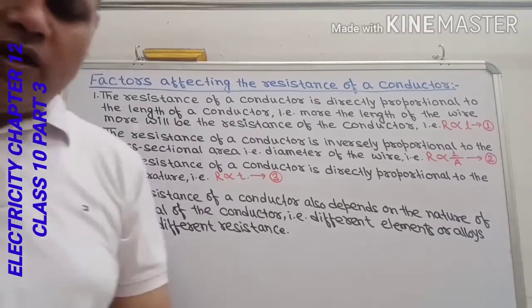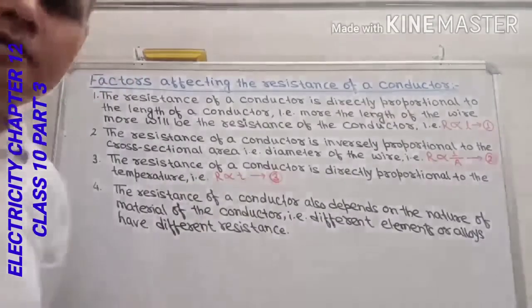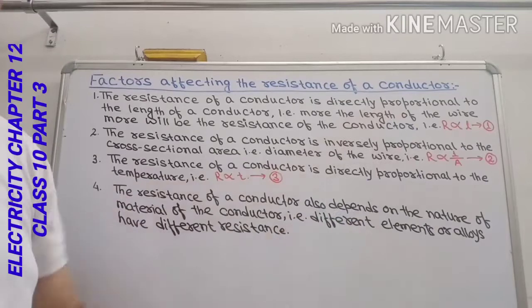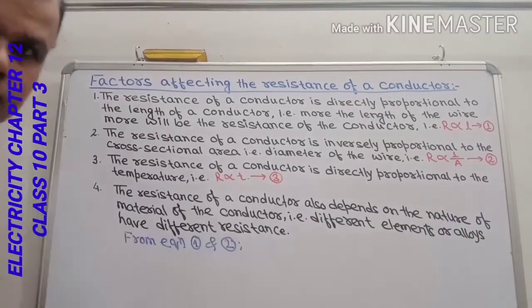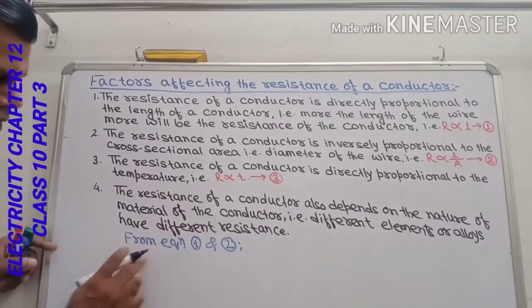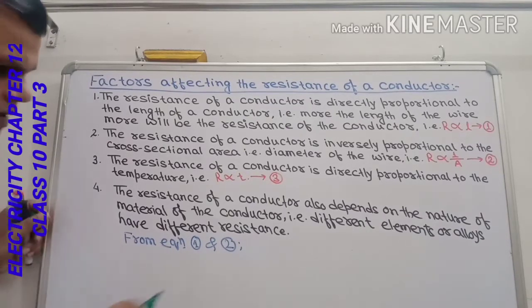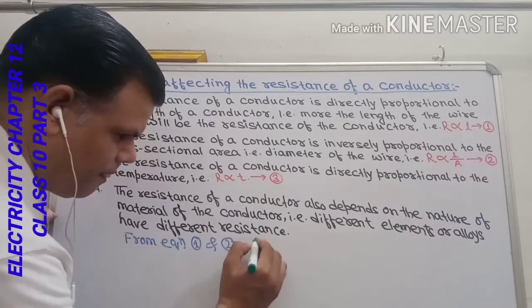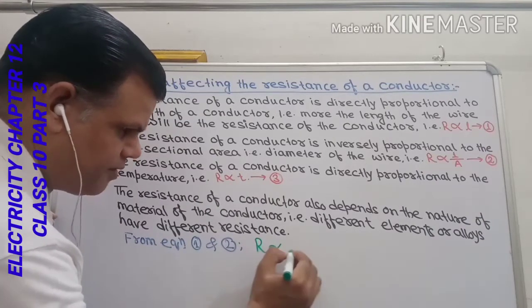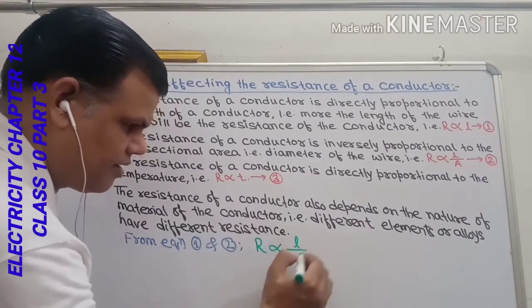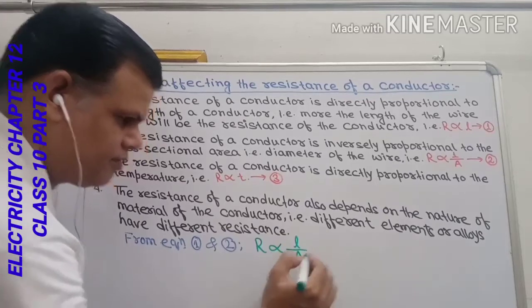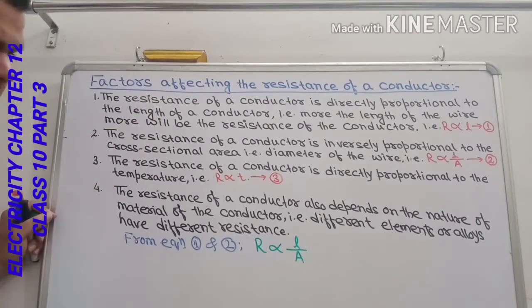Now, from equation number 1 and 2, we can say that the resistance of a conductor is directly proportional to the length of the conductor and inversely proportional to the cross-sectional area.